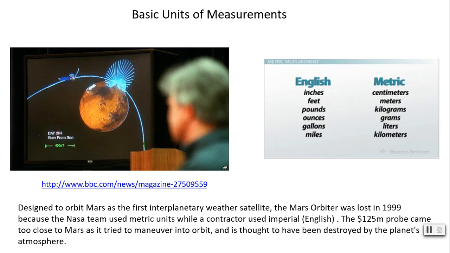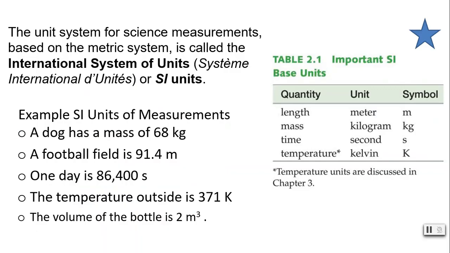So all of that is to say that numbers by themselves, while important, have little meaning. We need to always report the unit that is associated with that measurement. And scientists knew that already. Early in the 1900s, or maybe late in the 1800s, there was a conference that took place in France, and the scientists decided on a unit system that was based on the metric system.